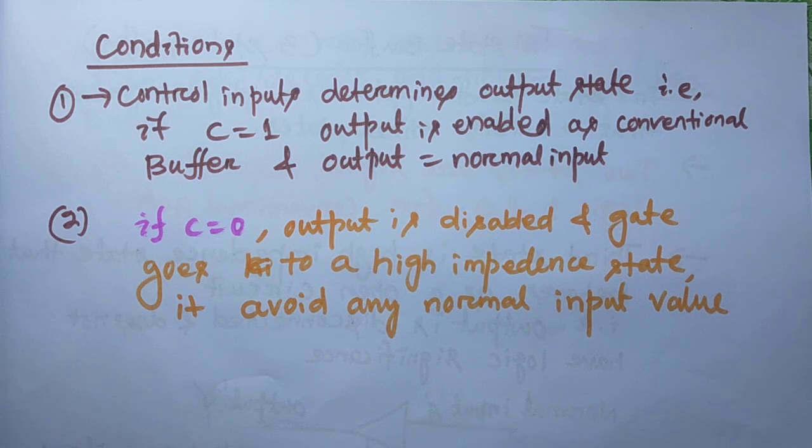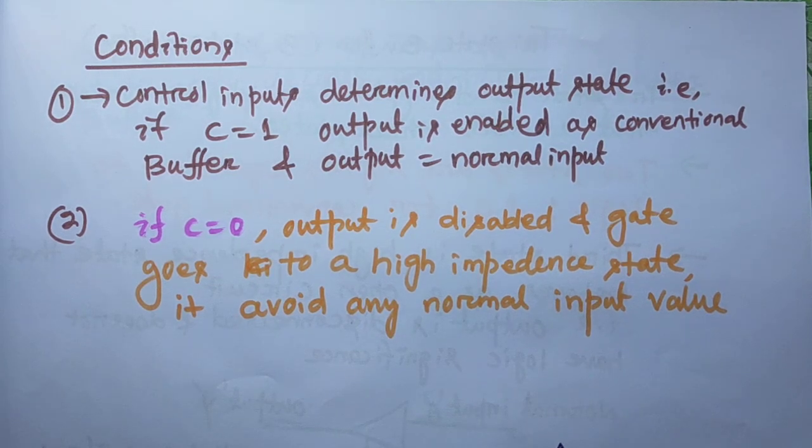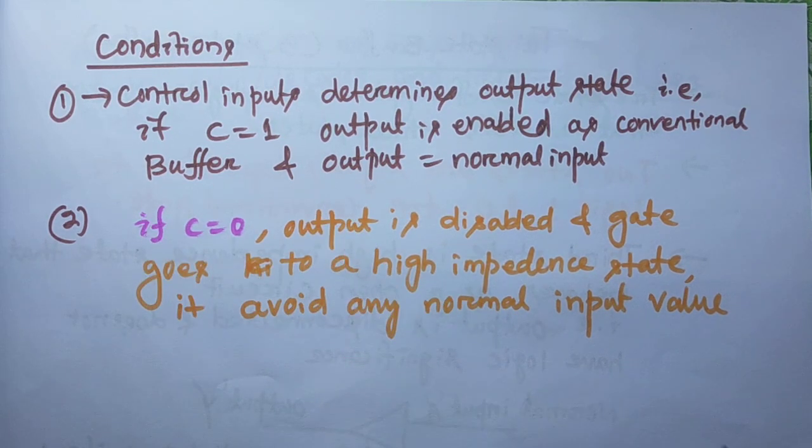So you see the previous three-state buffer. Whenever we design it, some conditions we have to apply. What kind of conditions do we apply for this tri-state buffer? First condition, the control input.